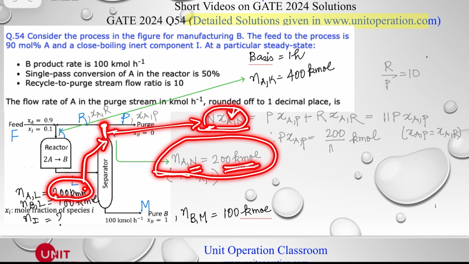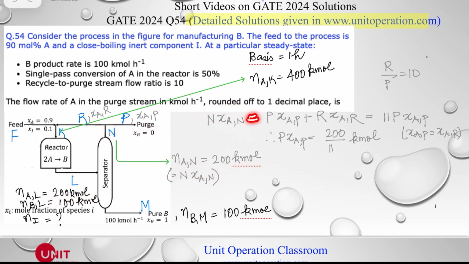That means the molar flow rate of A in the N stream, which we know is equal to 200 kilomole, must be equal to the moles of A in the P stream and the moles of A in the R stream, which is P XAP plus R XAR.